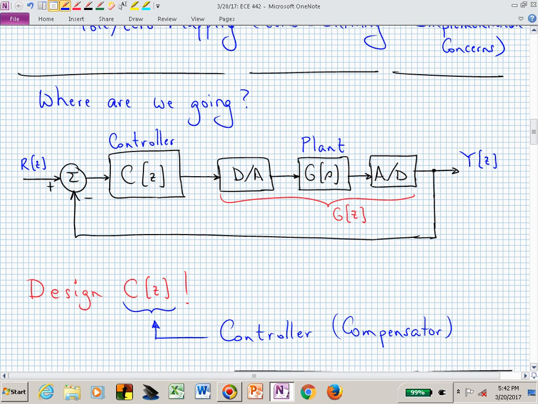What we want to do is try to change the behavior. Maybe our poles are not where we want them to be for transient reasons. Maybe we want a particular steady state error behavior, and so that may induce some kind of poles at z equal to 1 in our controller, capital C of z.